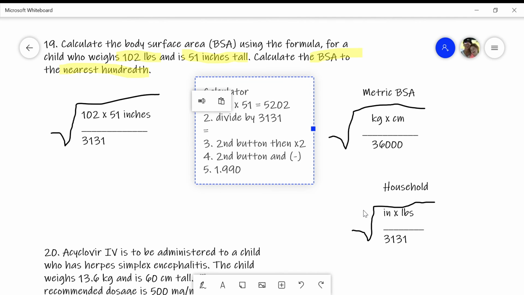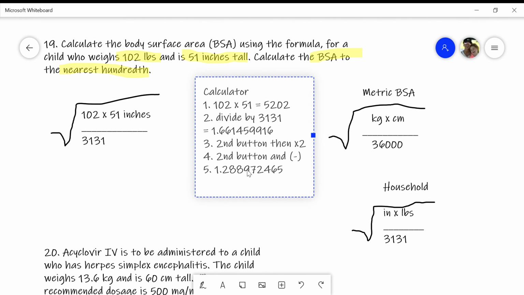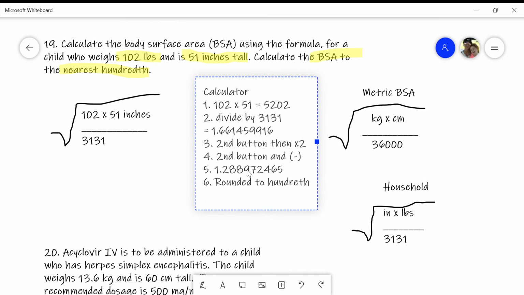So for 5202 divided by 3131, that's actually going to give us 1.6, and then that's going to give us 1.288972465, which is 1.29.